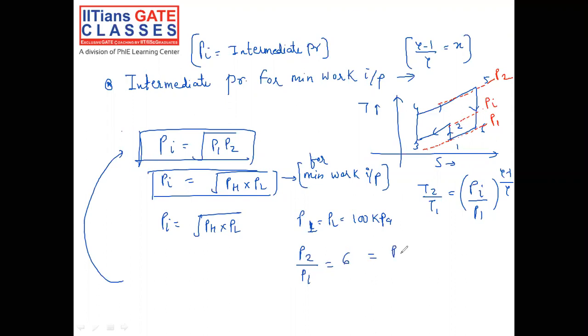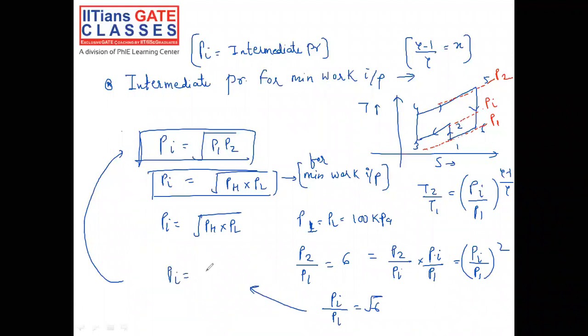And we know that we can write P2 by P1 as P2 by Pi into Pi by P1, that is, Pi by P1 whole square. So what I can get? Pi by P1 is under root of 6. Now from here, if you calculate Pi, you will get around 244.94 kilopascal. So that is the answer for this question.